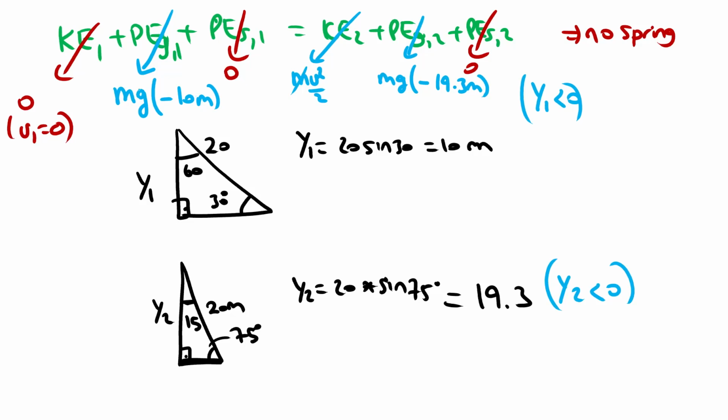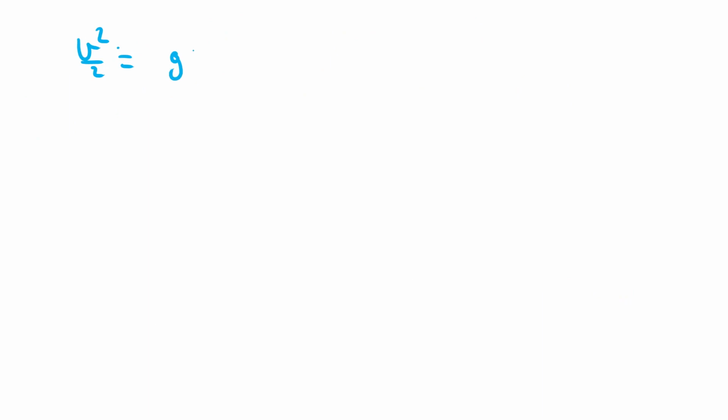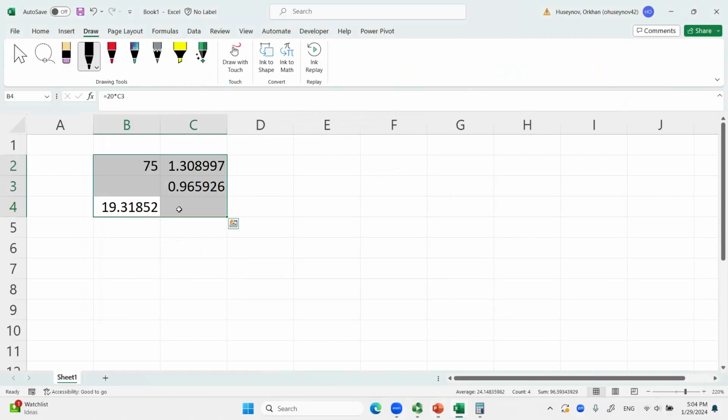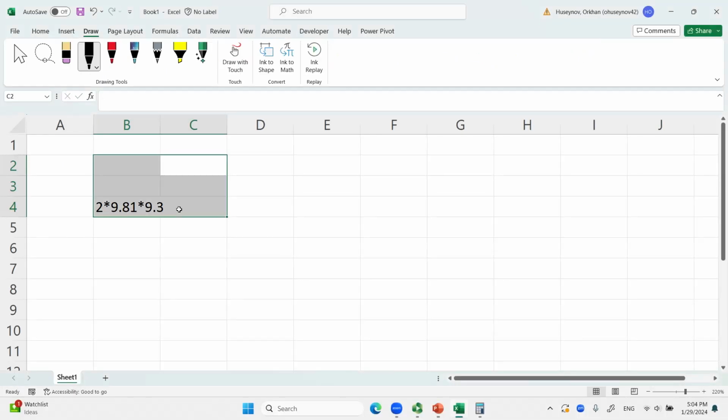Okay, the masses cancel. So what you are left with is v squared by 2 equals g times 19.3 minus 10. And from here v will be the square root of 2g times 19.3 minus 10, that is 2 times 9.81 times 9.3.